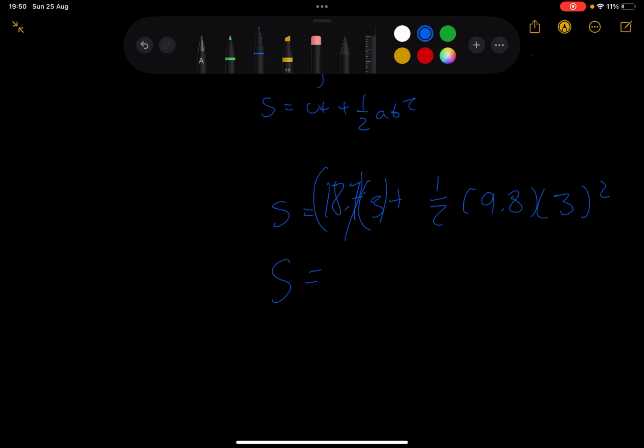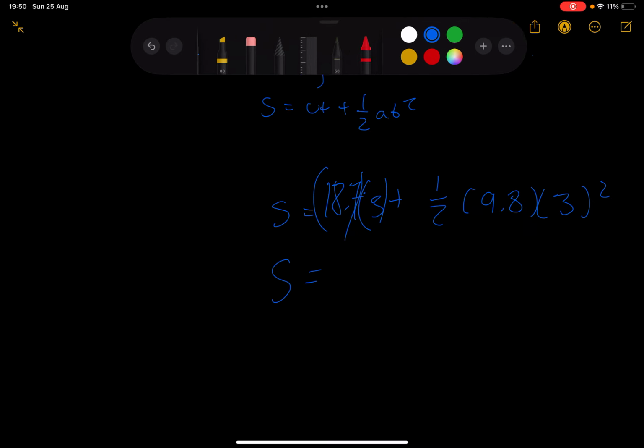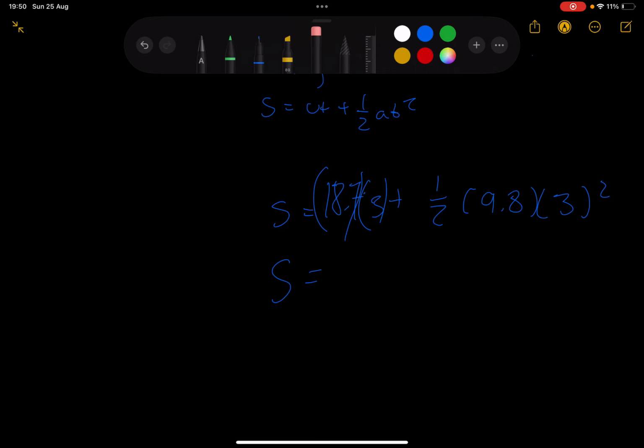So s equals, actually, minus 9.8, because we take upwards as positive and this is downwards; gravity is represented as a force in the downwards direction.